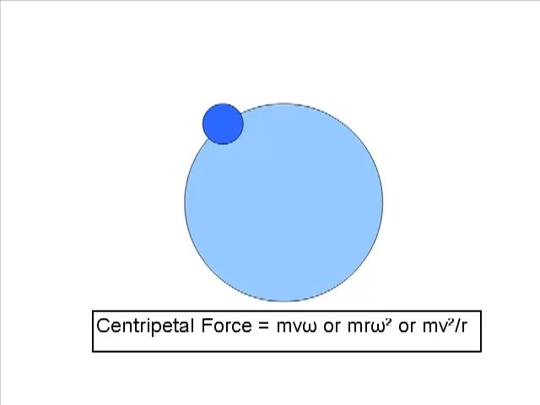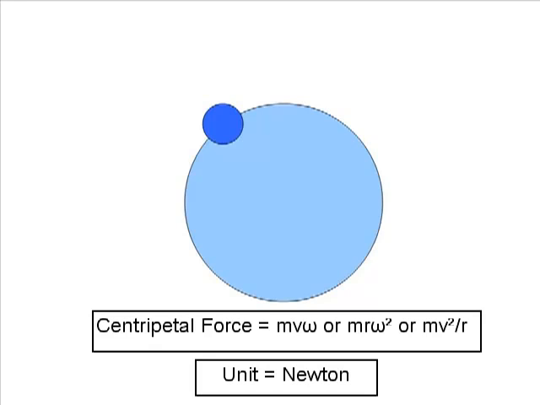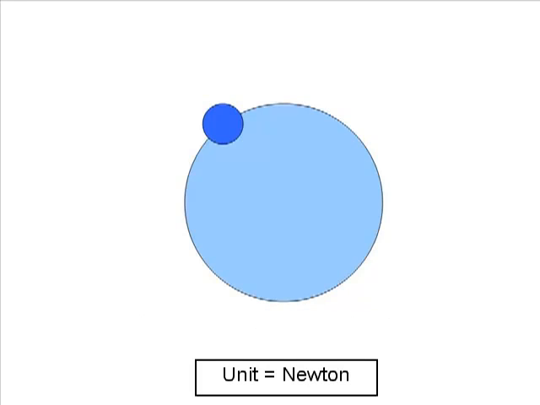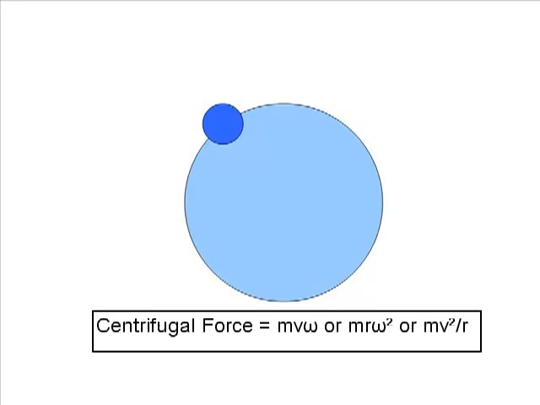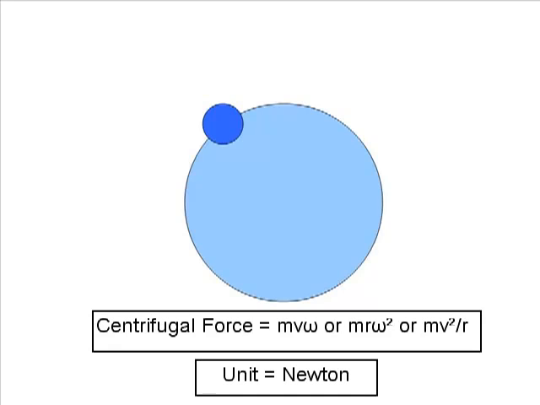As it is a force, its unit is Newton. Similarly, the centrifugal force, which is magnitude wise same but direction wise opposite, is also given by m v omega or m r omega square or m v square upon r, and its unit is also Newton. So this is how different forces are acting on a body in circular motion.